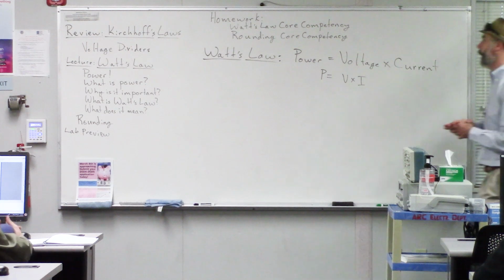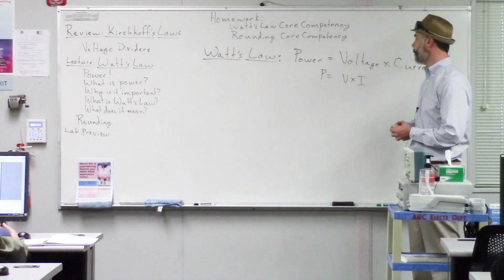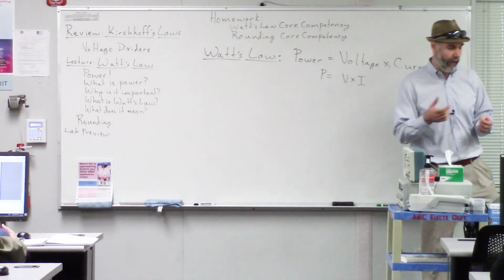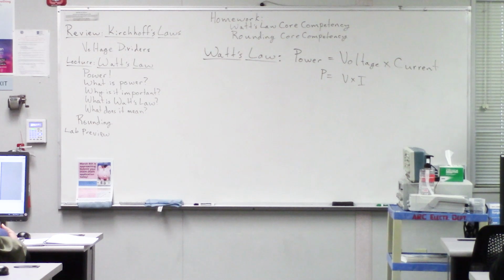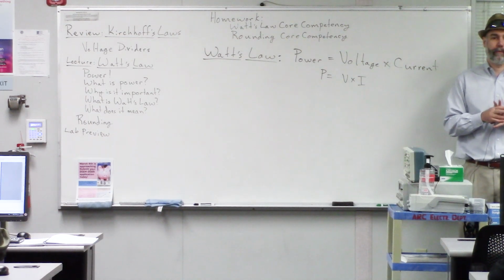Okay, so it's important to know how much power our circuit is using. First of all, it's important to know how much power any component is using, because we want to know how much energy our battery will be supplying, and also how much heat will be created. Because if we have too much heat in a circuit, that can be detrimental.